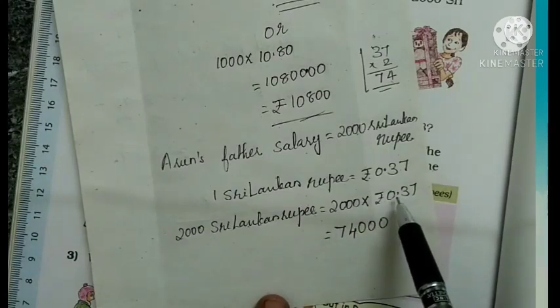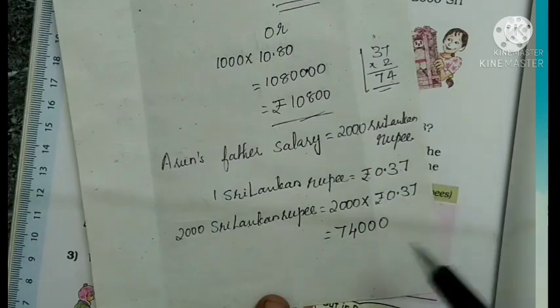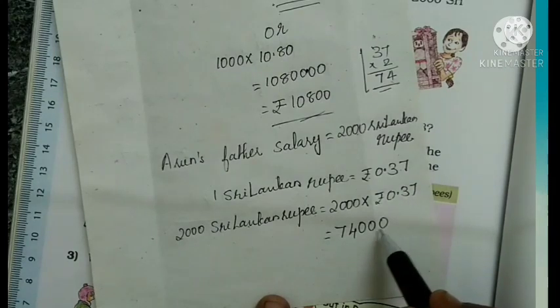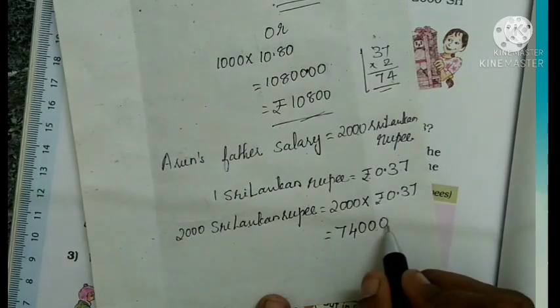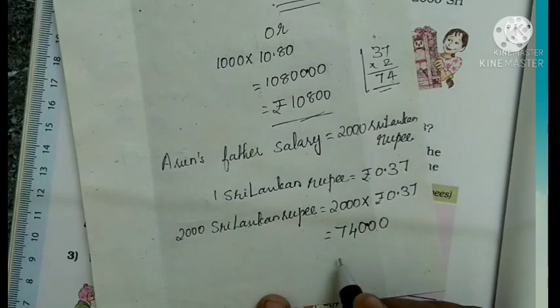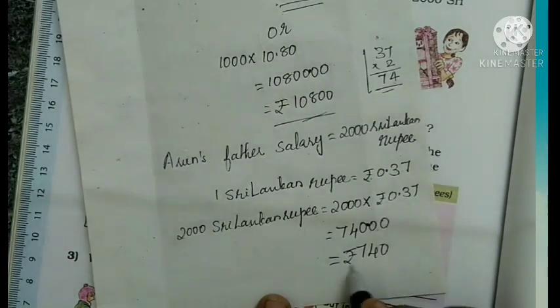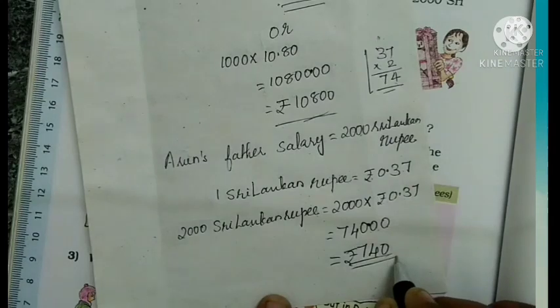So after how many numbers do we have to put the decimal point? After the decimal point how many digits are there? 2 digits are there. So from right to left, after 2 places we have to put the decimal point. 1, 2. After that we have to put the decimal point. So what is the salary? 740 rupees.